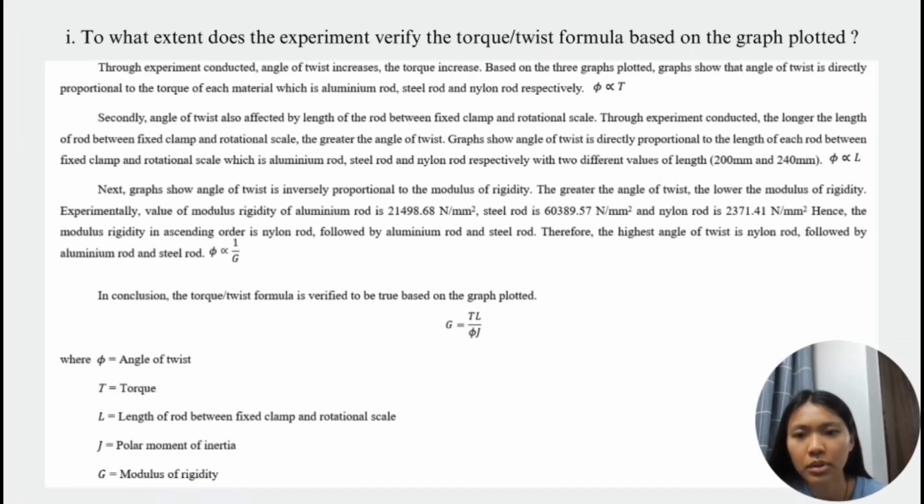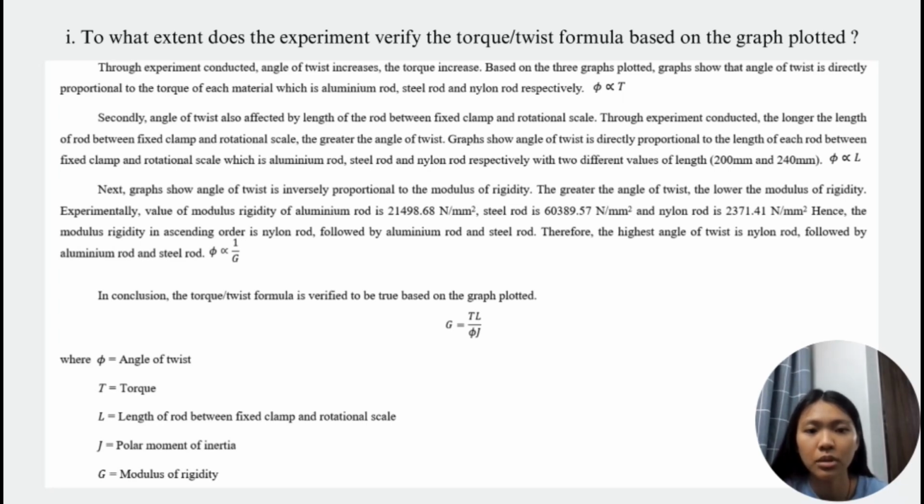Through the experiment conducted, as the angle of twist increases, the torque increases. Based on the three graphs plotted, the angle of twist is directly proportional to the torque for each material, which is aluminum rod, steel rod, and nylon rod respectively. Secondly, the angle of twist is also affected by the length of rod between the fixed clamp and rotational scale.